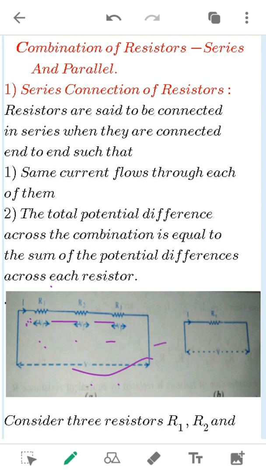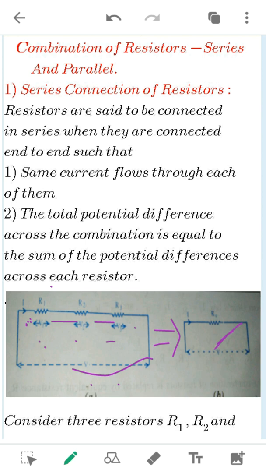There is another diagram which shows the equivalent resistor, RS. We have seen this in capacitors also. Here RS means the equivalent resistance, whose value is equal to the sum of the three resistors, that is RS equal to R1 plus R2 plus R3.